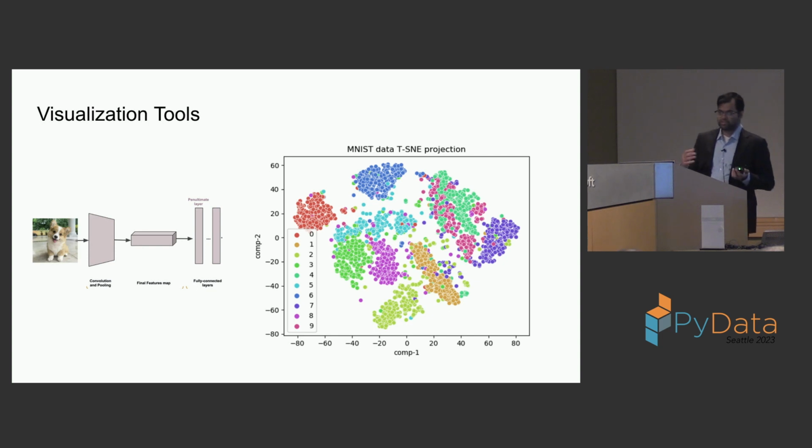Sometimes there are situations where you have to train a neural network, sometimes you don't have to train a neural network. But how do you know the performance of the neural network, right? So what you can do is you can cut off the final layer, which actually gives you the class name, and you can just take those embeddings and then you can either do a PCA or a t-SNE.